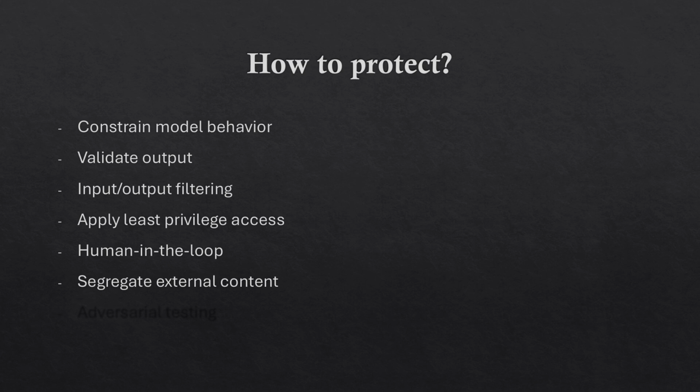Conduct adversarial testing and attack simulations. As with traditional software, perform regular security assessments and red teaming. Engage skilled security professionals to test the system's resilience against prompt injections, misuse, or logic bypasses, and address any weaknesses identified.